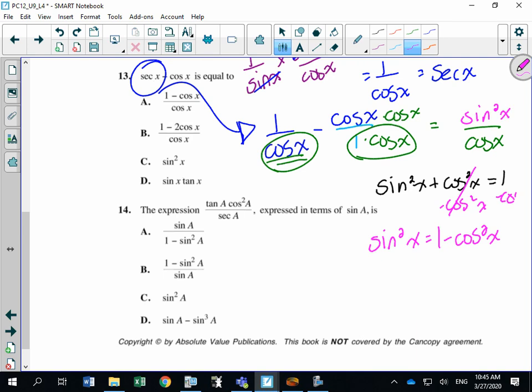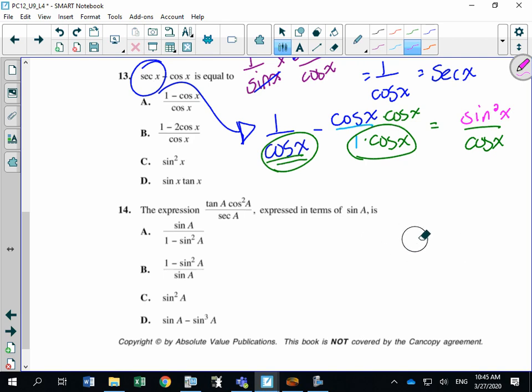Okay, now sine squared of x over cos of x. So we're not done, because normally I'd be like, well, it's in terms of sine and cos, but then if I look over here, I say, well, that's not an answer, right? So what else can I do to this? So I'm just going to rewrite this.